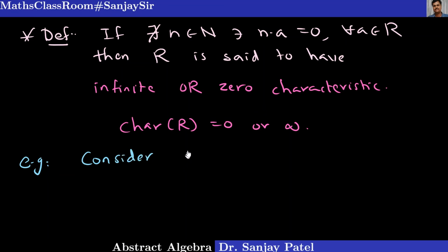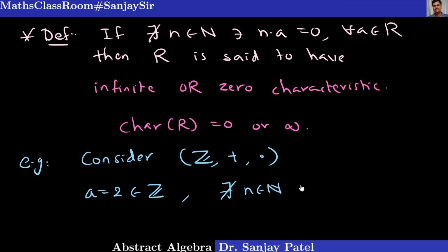If I consider the ring of integers Z, plus, dot, where plus and dot are our usual addition and multiplication of integers, then in this ring, for example, if I take a equal to 2 belongs to Z, and I keep on adding 2 with itself, then I will never get 0. So there is no n belongs to the set of natural numbers so that n times 2 equals the integer 0, because the 0 element in this ring is the integer 0.